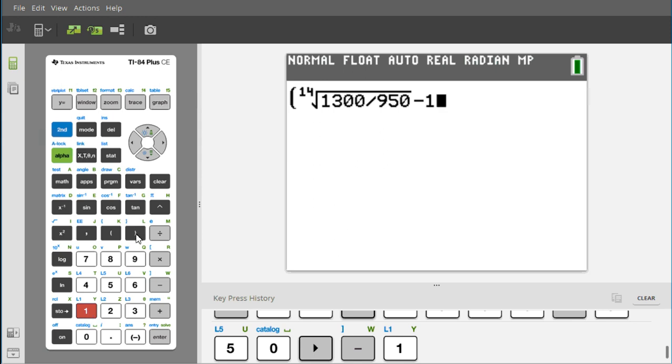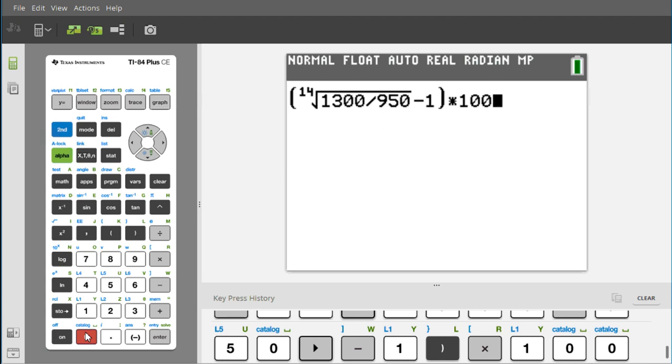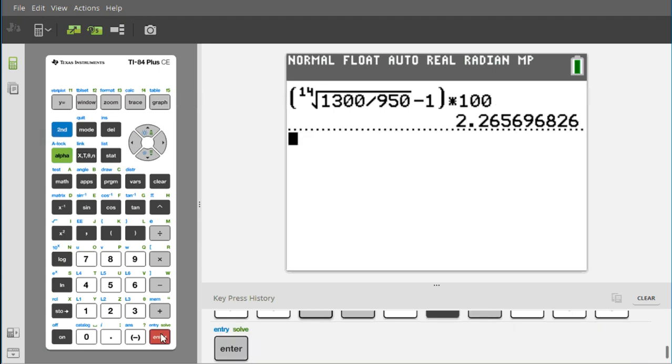I'll close the bracket. And I'll multiply by 100. I'll press enter. And I get that value there. And it's quite a long, complicated decimal.